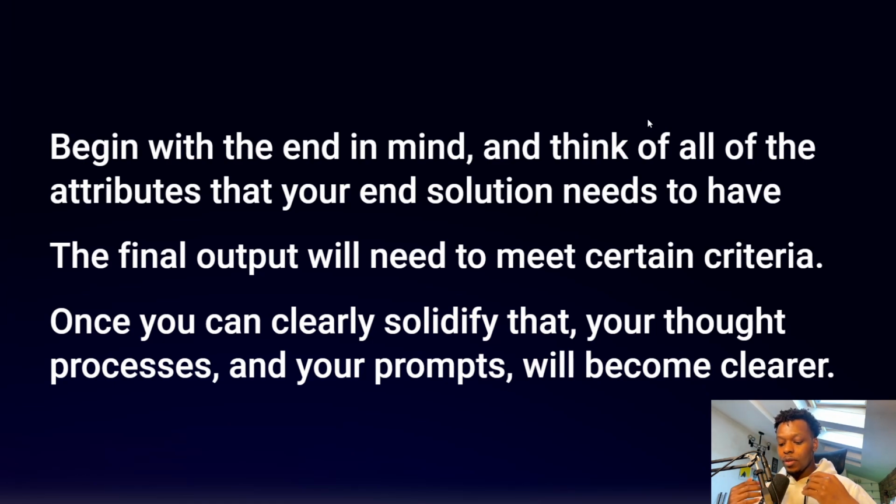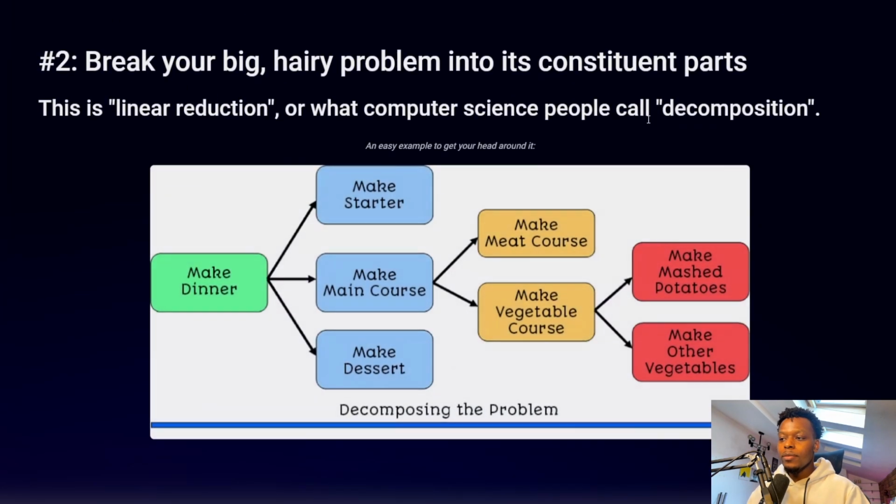So you may need to create some code that will do that for you. Usually it's going to be some sort of Python code. And once you can clearly solidify what you're meant to come out with, you can tell the prompt to create the Python that will give you exactly what you need. I'm going to go into that when we talk about step number 3.